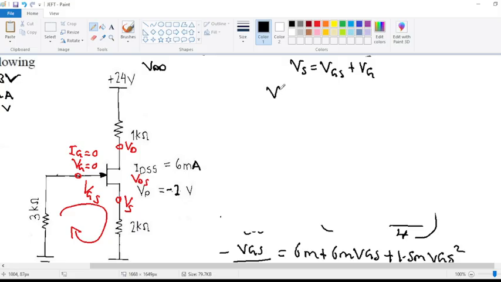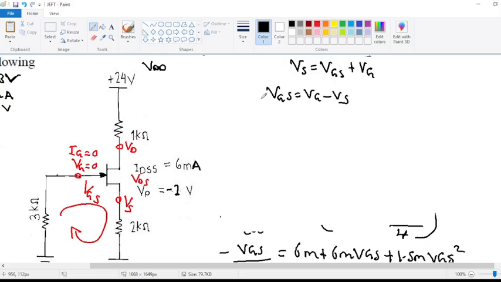VGS is equal to VG minus VS. Okay, so VGS is equal to VG minus VS, then you make VS the subject of the formula. So how do you make VS the subject of the formula?